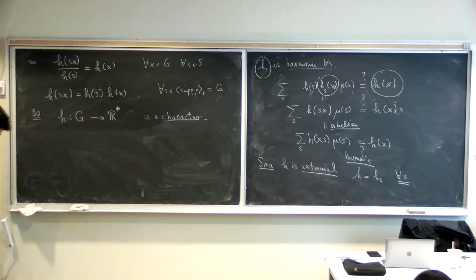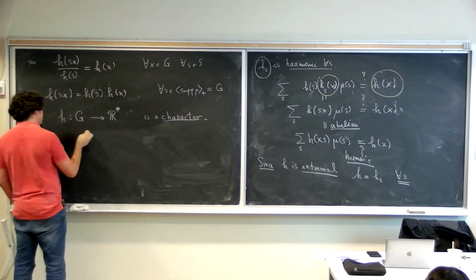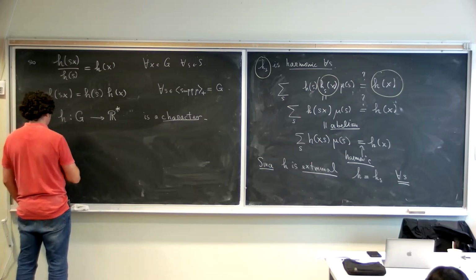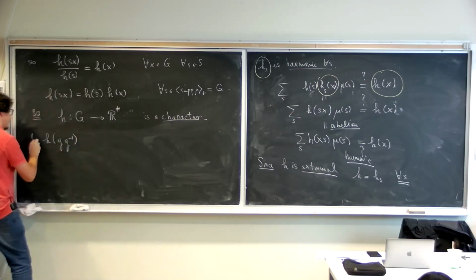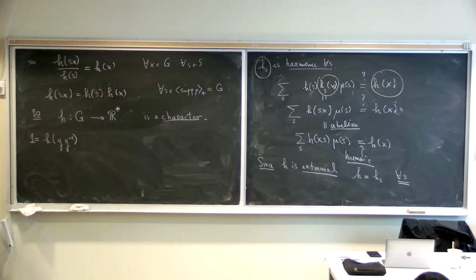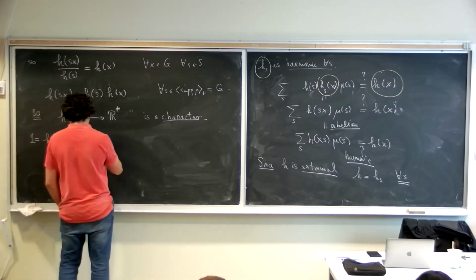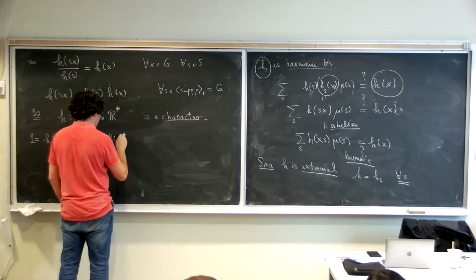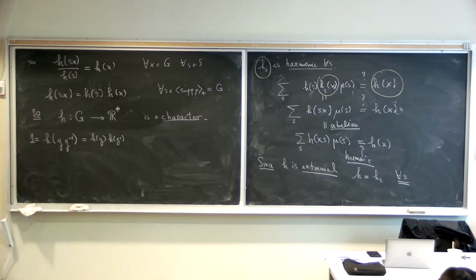So let's see. What about the character? If you do H of g inverse, this has to be 1. This is the character. And this, of course, is also H(g) times H(g inverse). So H(g) and H(g inverse) are inverse to each other.